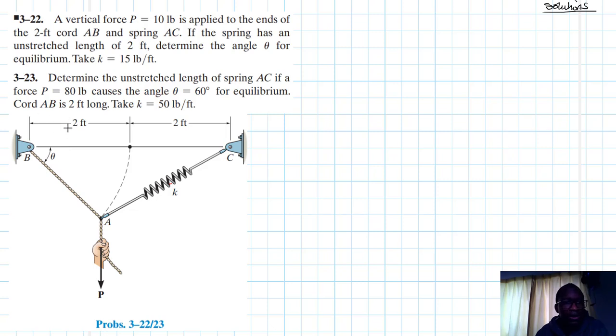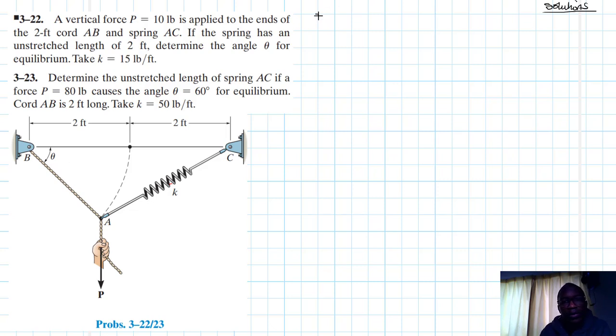So we have this system here, and in the first case we have been asked to determine the angle theta. So we are assuming cord AB is unstretchable. By this I mean the length of AB does not change before and after the application of the load.